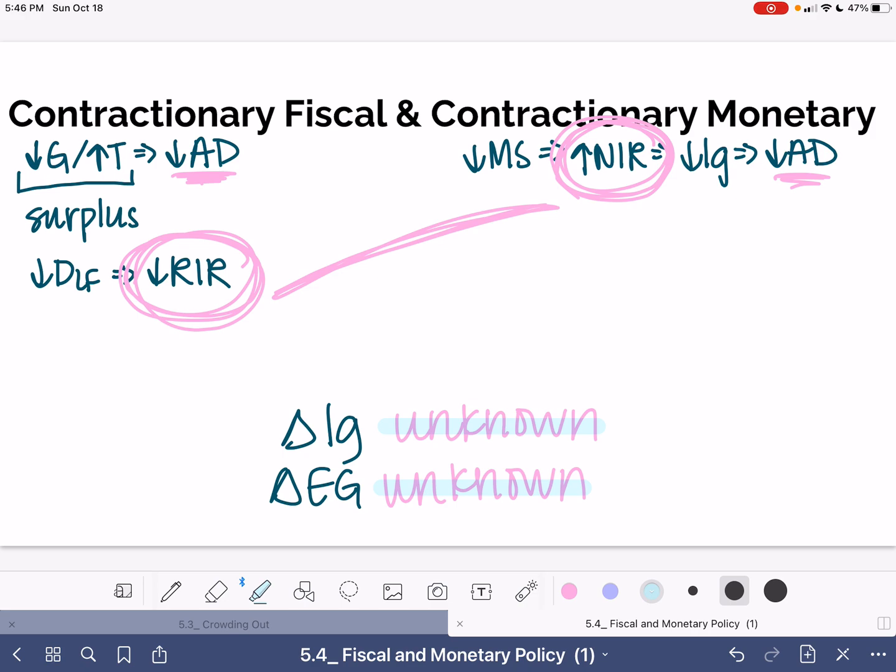We also have a viable answer of unknown as a potential true answer here. So next class, we're just going to be practicing looking at expansionary and contractionary policies, working together, working against each other, to make sure we're good with figuring out changes to the interest rates and what that's going to do to investment spending and economic growth in the long run.